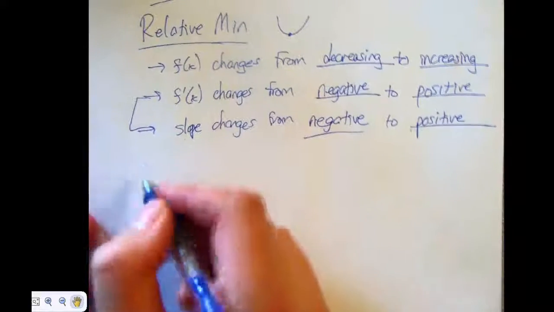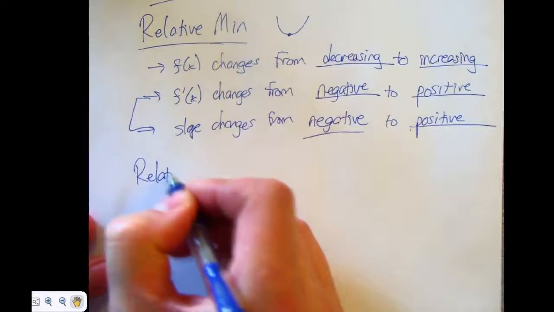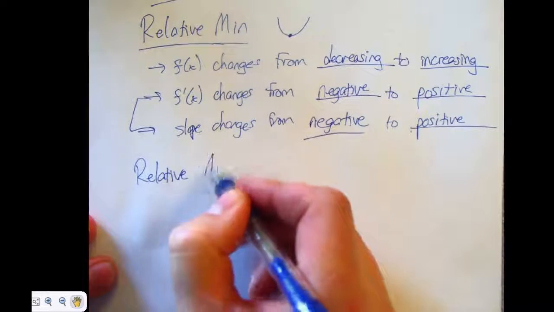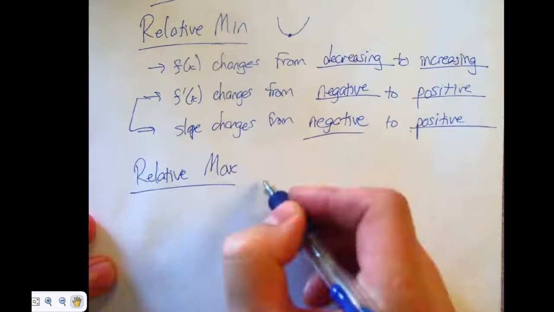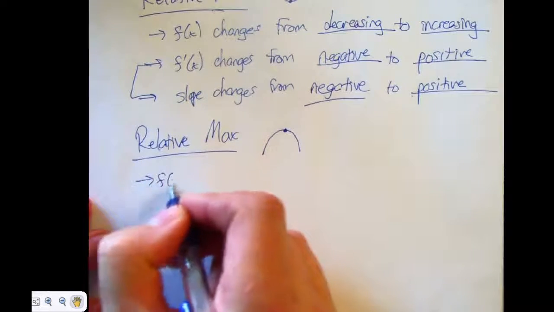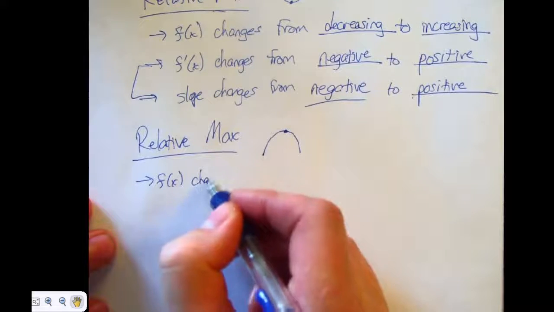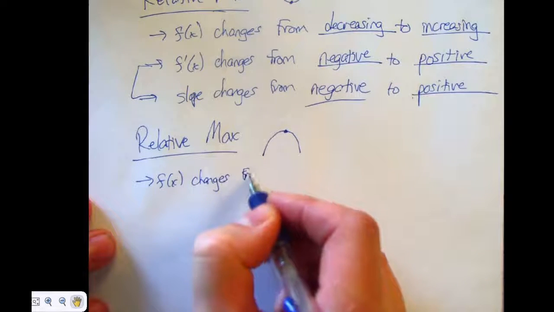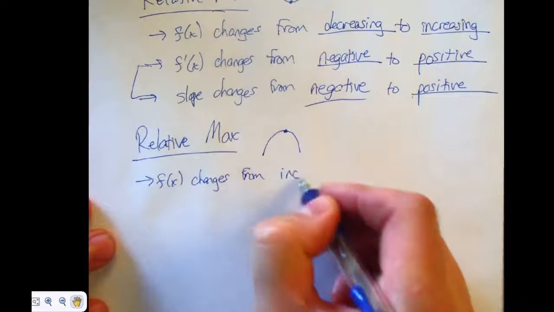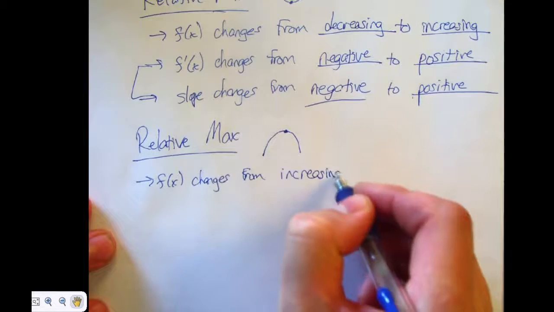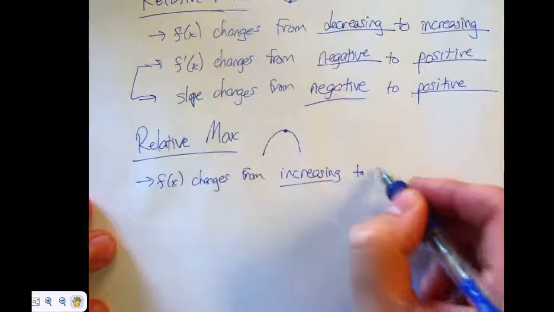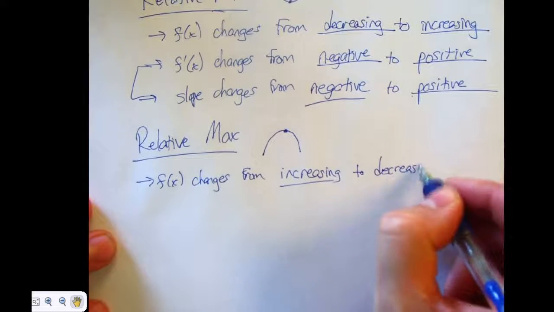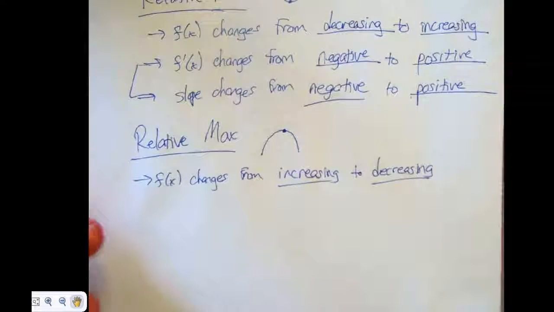So then relative max. I'm going to assume you can probably write your own notes on this one, but I'll do it anyways. So that's the top of a hill. So f of x changes from increasing to decreasing, and you will very often be asked to justify. So, find the relative max and justify that it's a relative max, and this is what you're looking at.